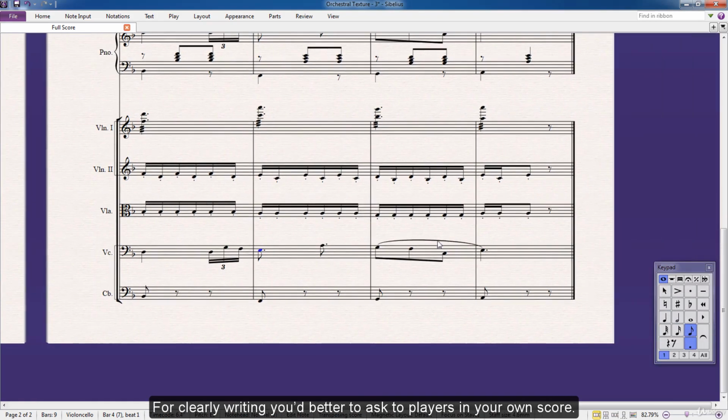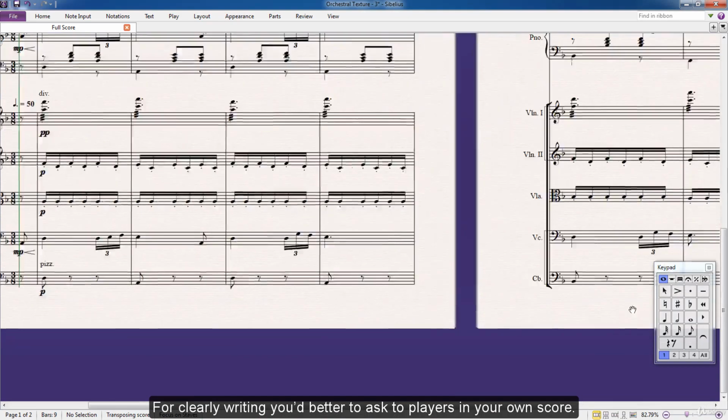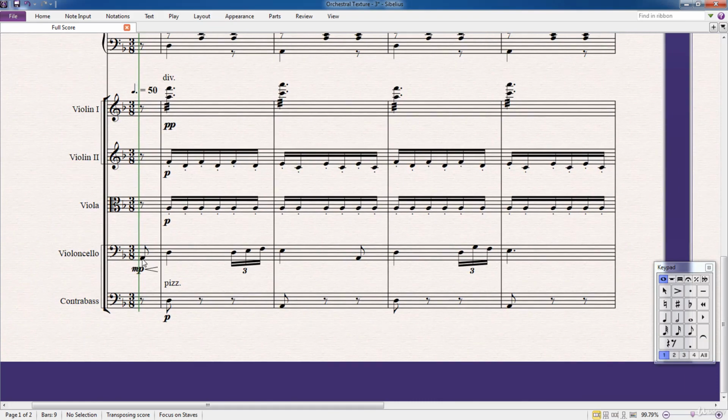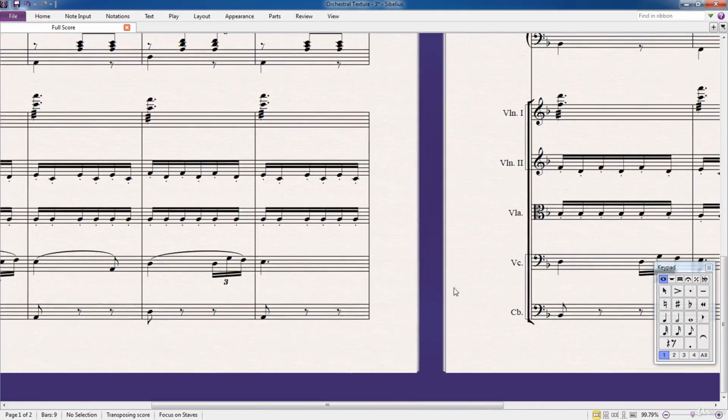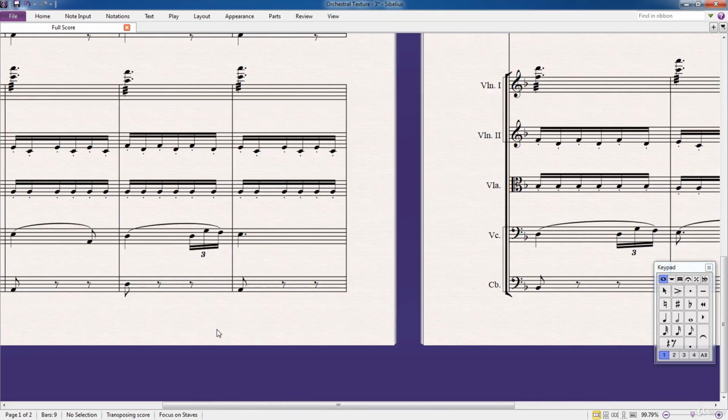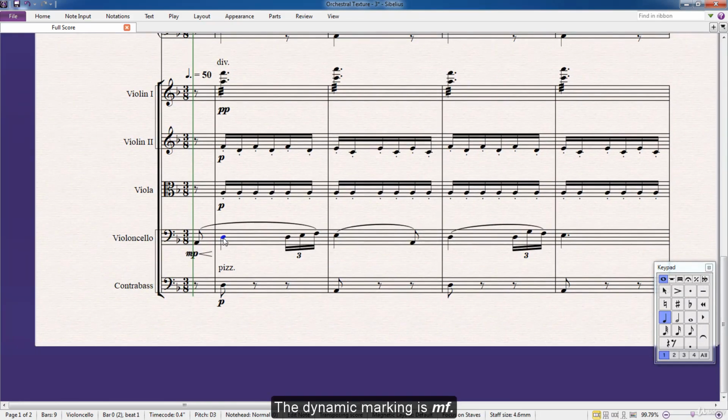For clear writing, you'd better ask the players in your own score. The dynamic marking is mezzo forte.